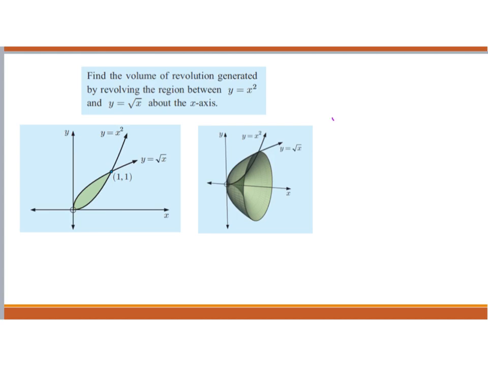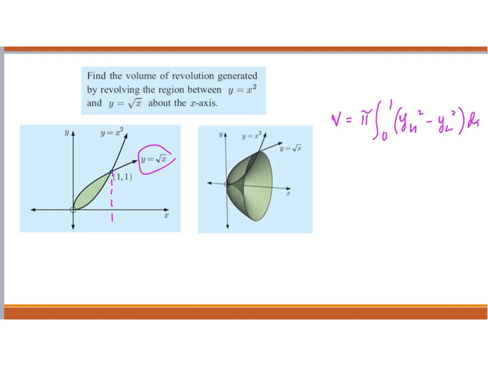And to find the volume of this figure, it's just pi times the integral from 0 to 1, because this is 1, of the upper function. So the formula is y sub u squared minus y sub L, the lower function, squared dx.